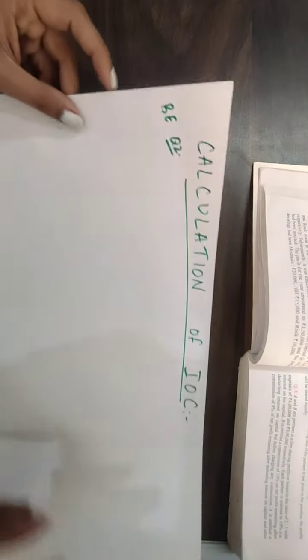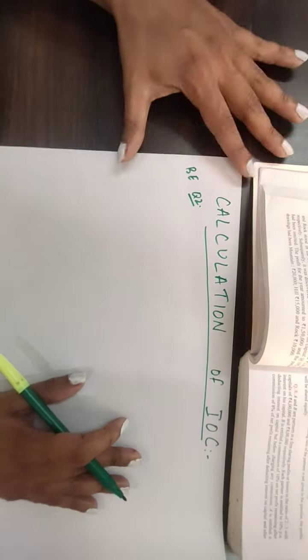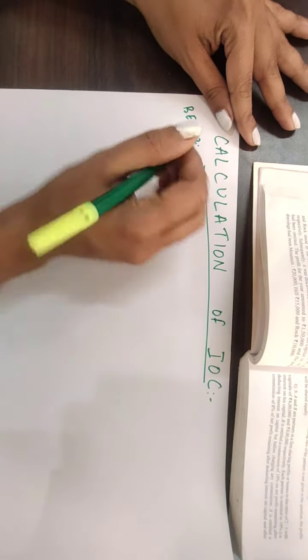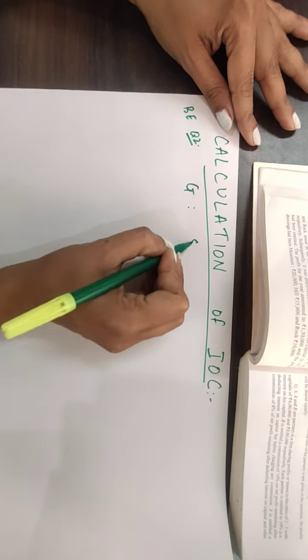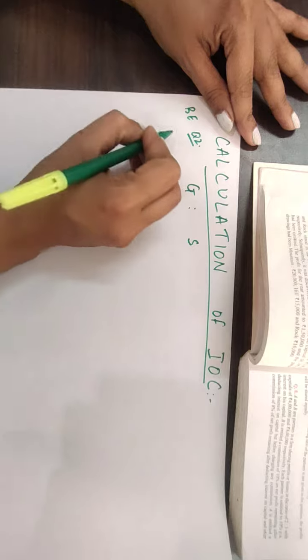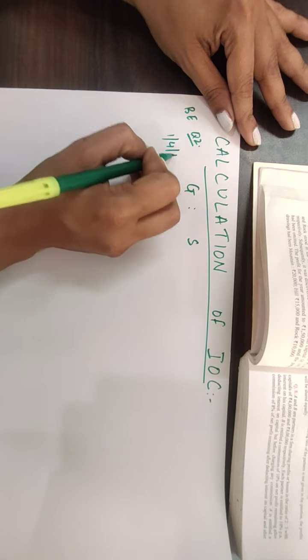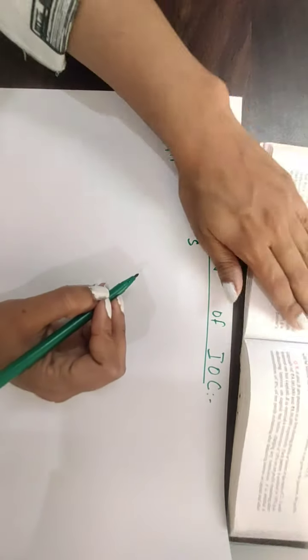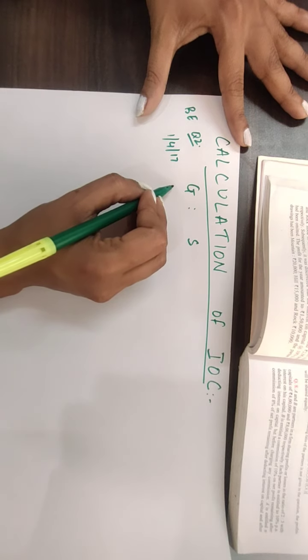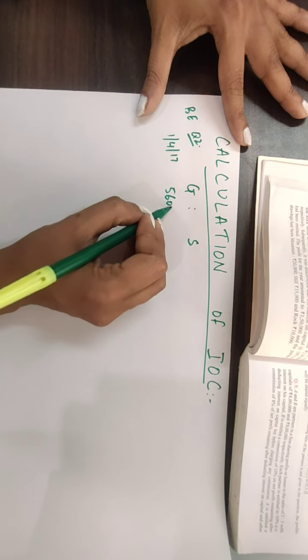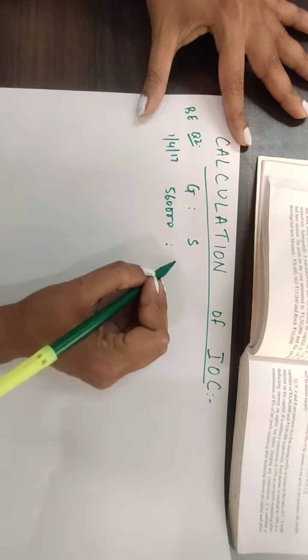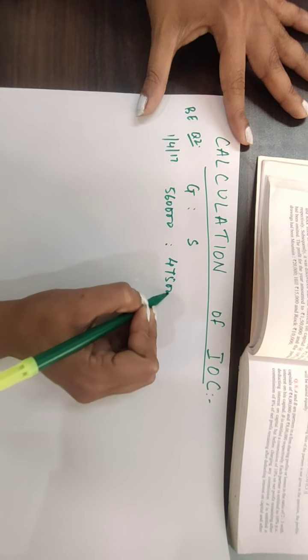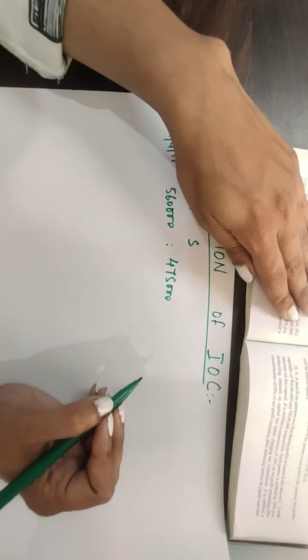There are two people, Girish and Satish, right? On 1st April 2017, I'm writing the information so that if you don't have the book, you can at least understand that Girish has 5,60,000 and Satish has 4,75,000. These are the two amounts.